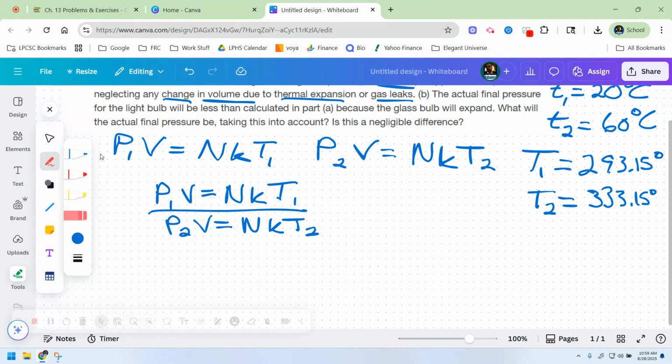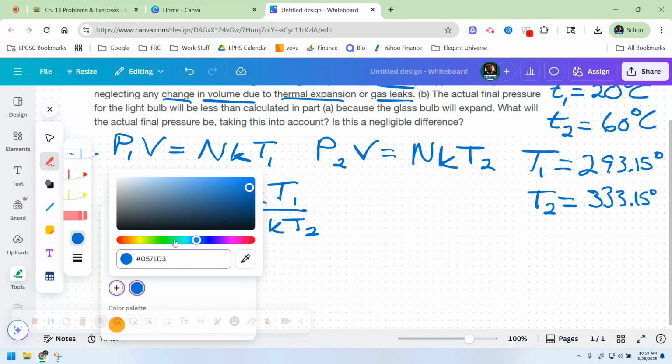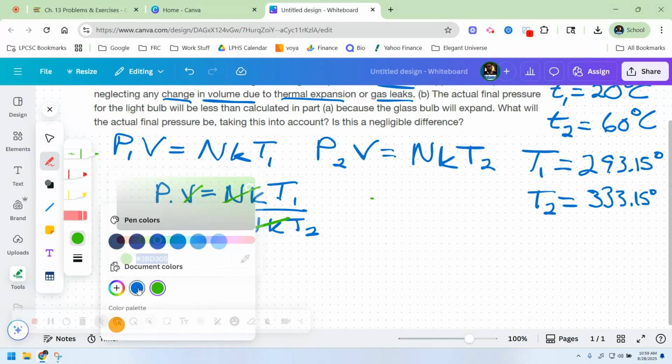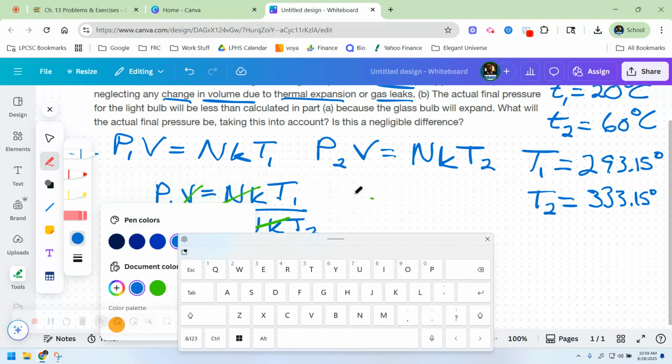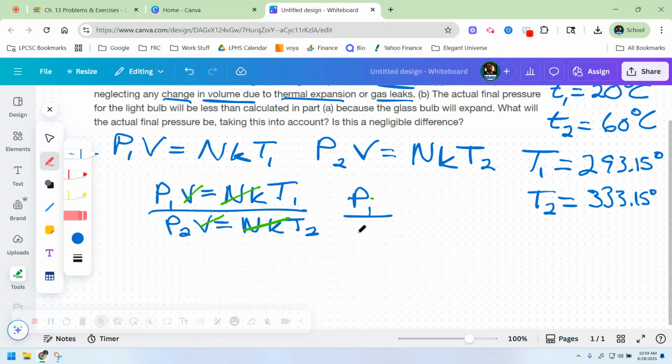Because we're neglecting the change in volume, the volume, the number of molecules and Boltzmann's constant all cancel, right? So then I have P1 over P2 is equal to T1 over T2.